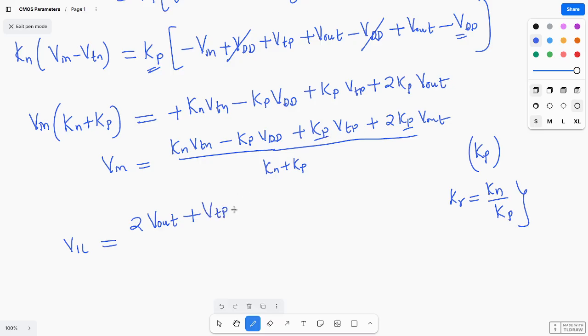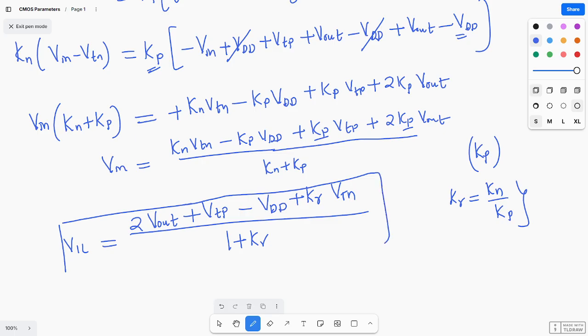This is VTP minus, divided by Kp means minus VDD only. Here you will get Kn by Kp, that means here you can write Kr into Vtn, divided by 1 plus Kr. So this is my VIL, input low equation.